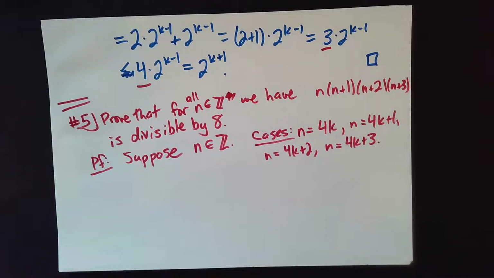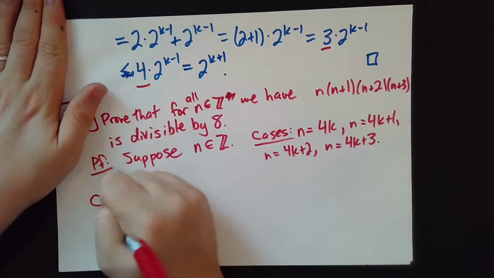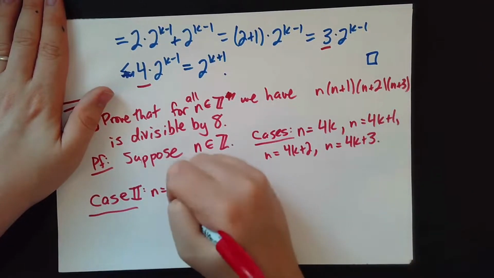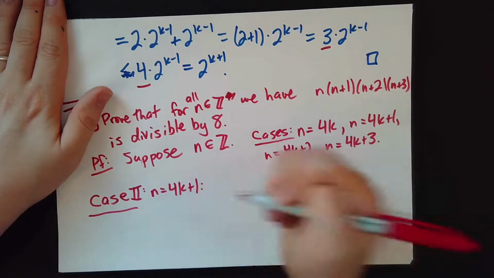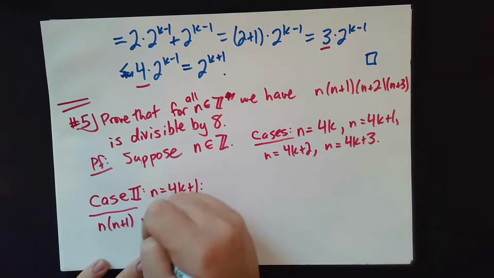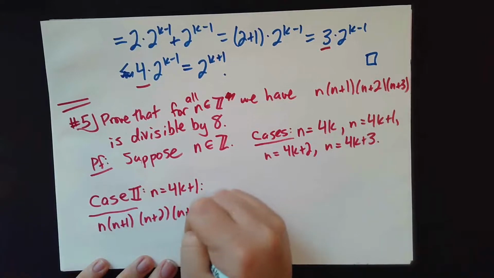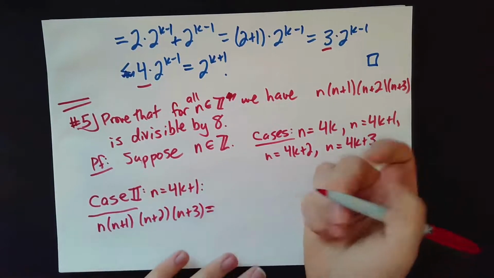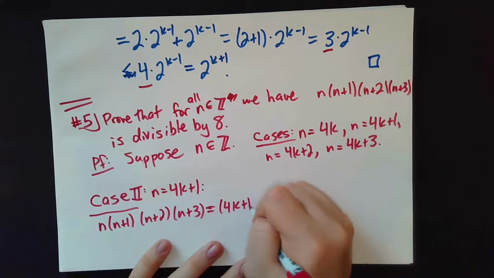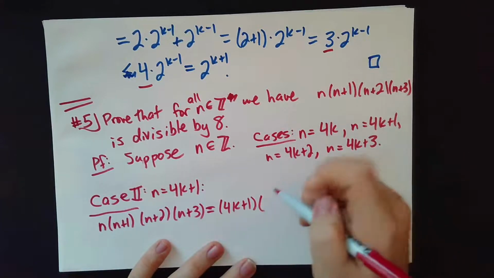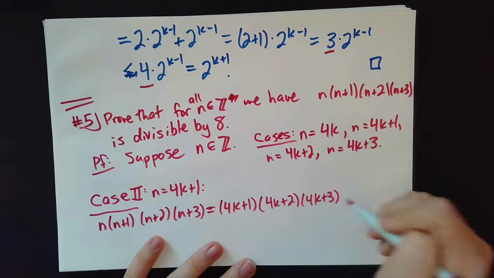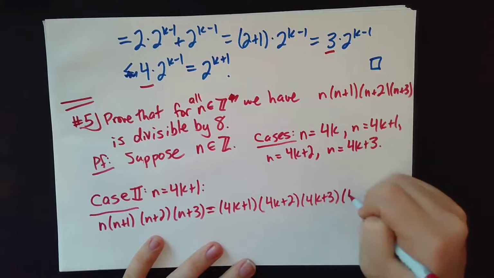And so just to walk through what one of these cases looks like, let's take case 2. n is 4k plus 1. What does that give me? So then n times n plus 1 times n plus 2 times n plus 3 is, okay, so this is 4k plus 1 times 4k plus 2 times 4k plus 3 times 4k plus 4.